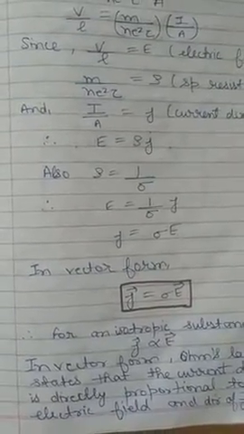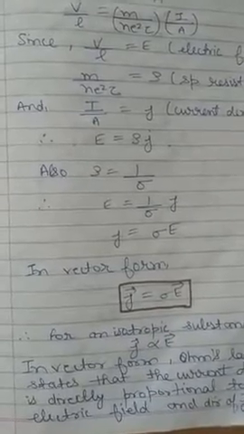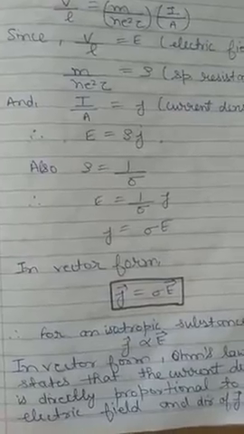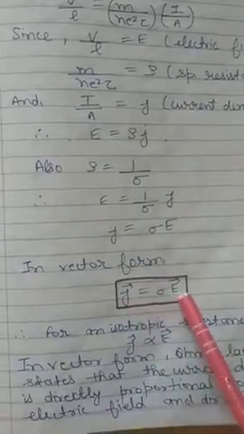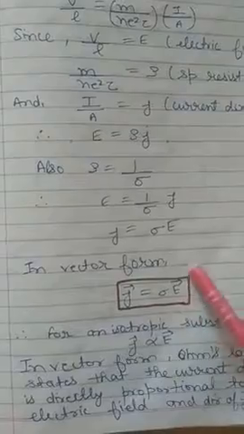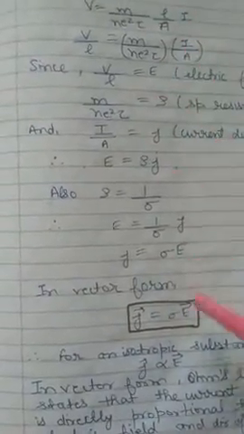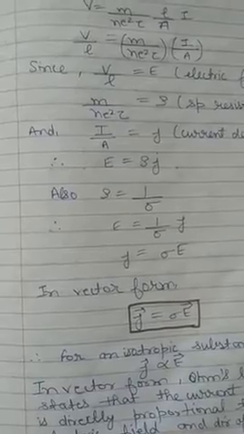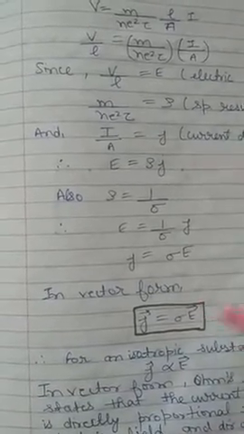If directly in a 1 mark question you are asked to write the vector form of Ohm's law or the microscopic form of Ohm's law, then you can write J is equal to sigma E. There is no need of doing the derivation. You will do this derivation only when the question is asked for 3 marks, to derive the relation for Ohm's law.